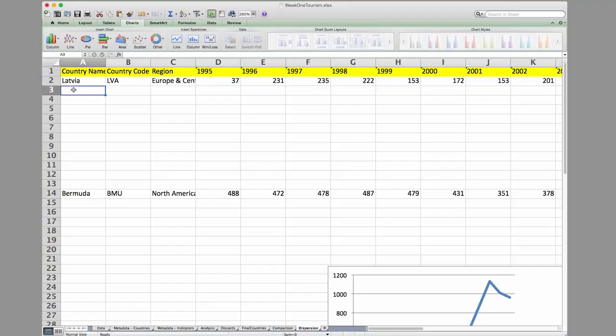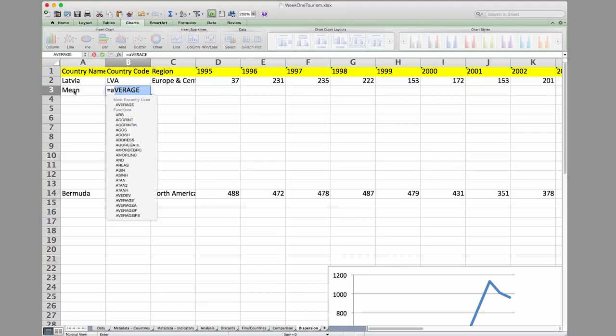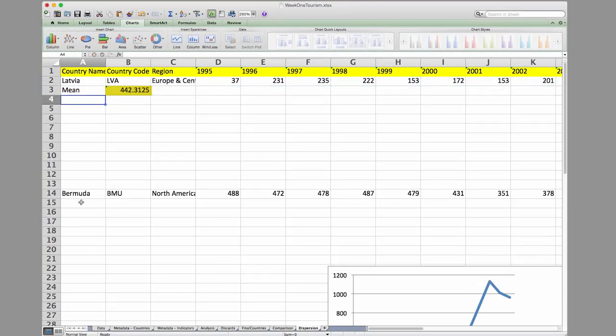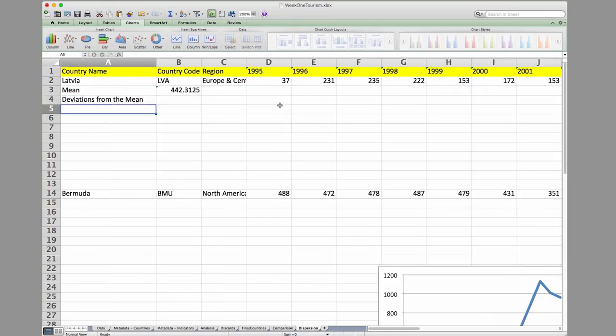So what I'm going to do is to calculate the mean receipts, and it's simply the average of D2 through S2, and I get that as my mean, whereas for Bermuda it's going to be slightly different. Now having done this, I'm going to look at the deviations from the mean. And how will I do this?